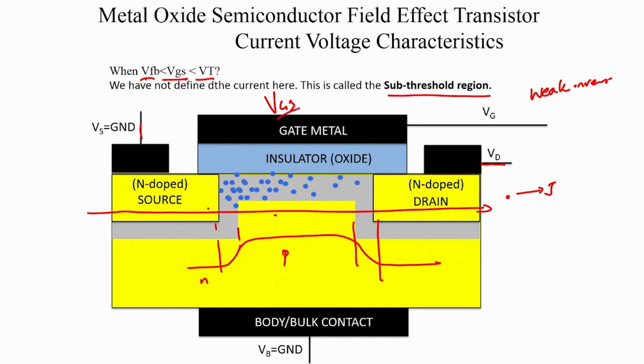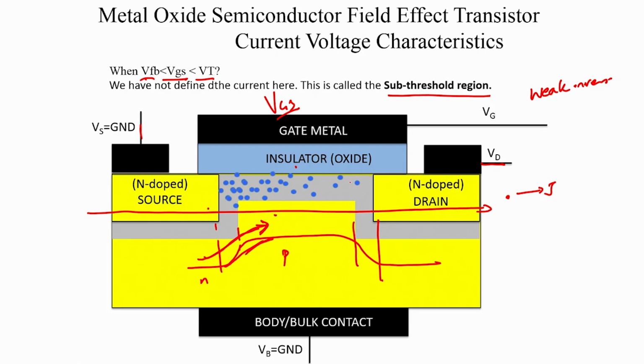The moment we apply a VGS, what happens is we try to suppress this barrier, and therefore the electrons are encouraged to try and occupy the region between the insulator and semiconductor from the source. While performing the analysis under full or strong inversion, we assumed that many electrons had already come in and formed a channel.